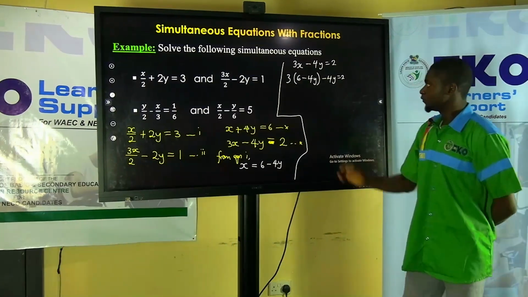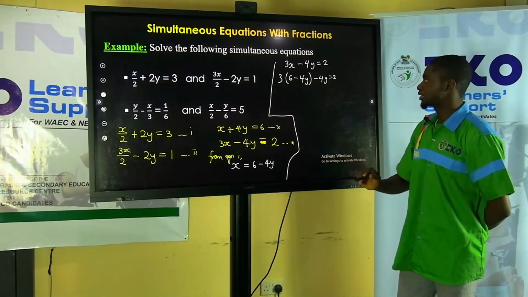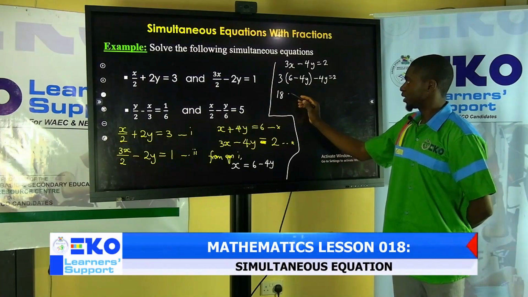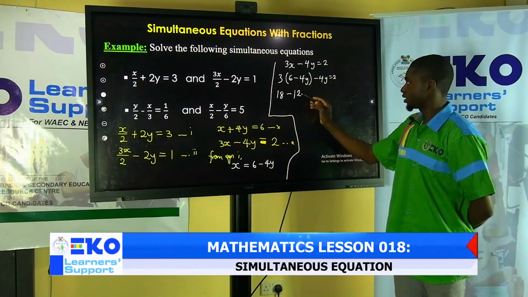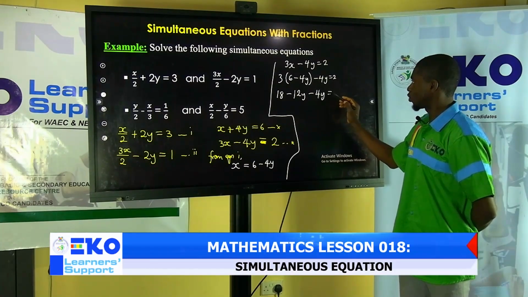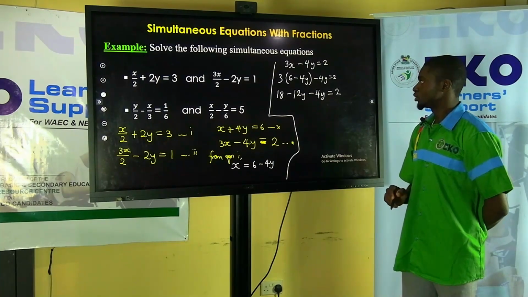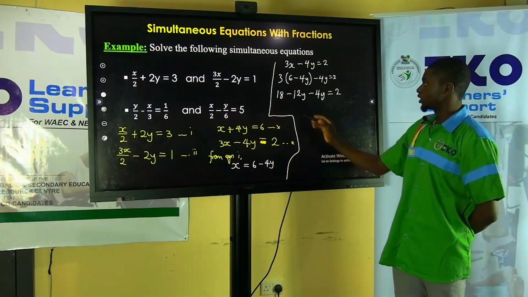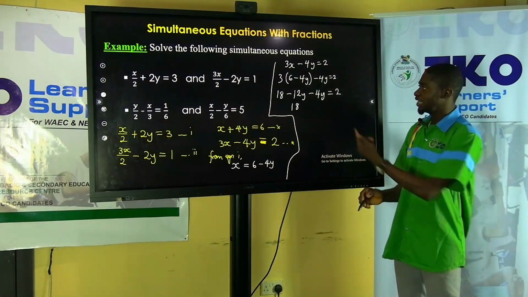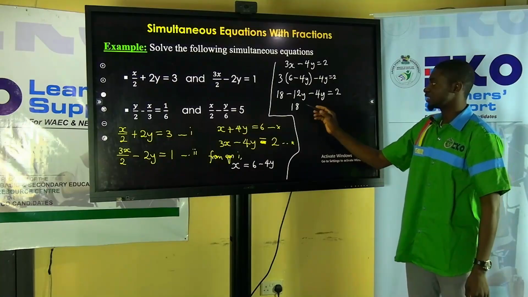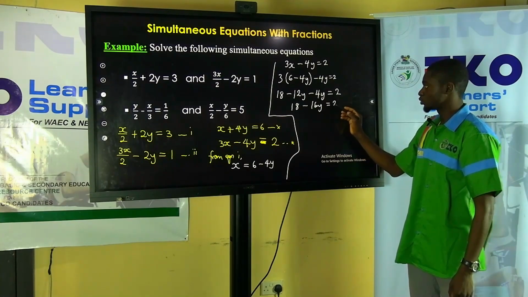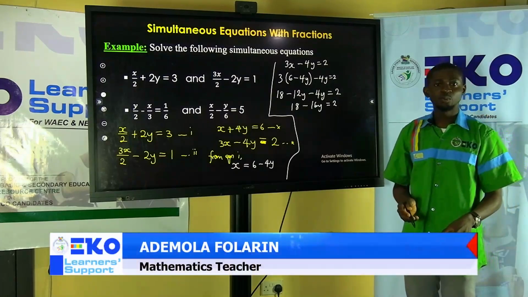If we do this, let's open the bracket. 18 minus 12y minus 4y equals 2. So it's easy for us from here to say 18, negative 12y and negative 4y gives us negative 16y equals 2.